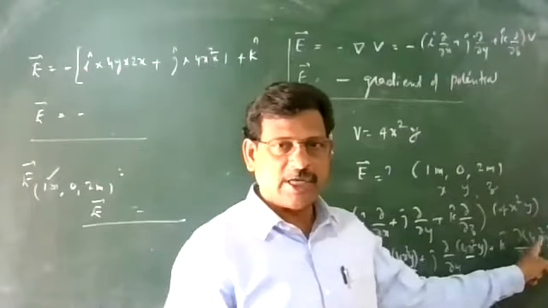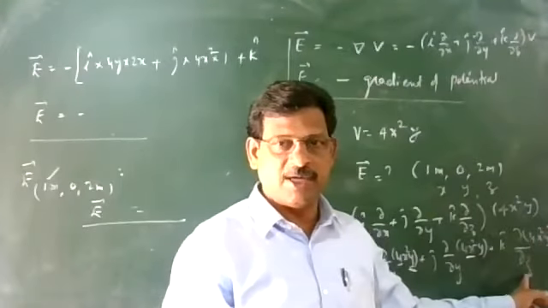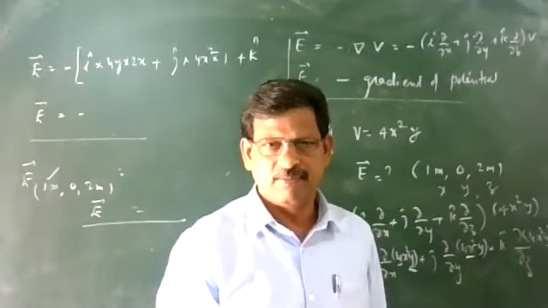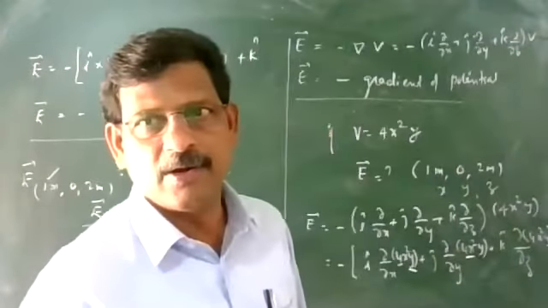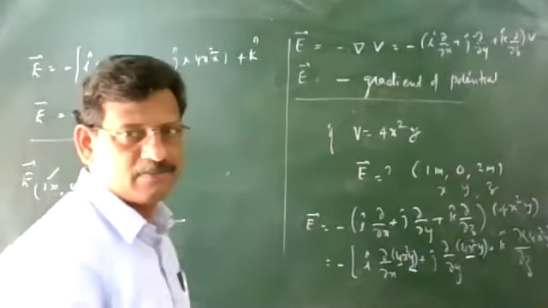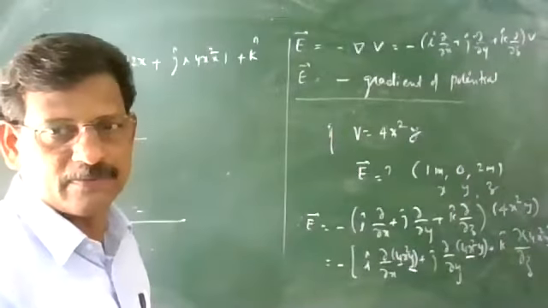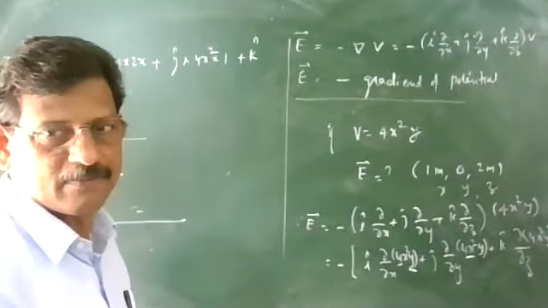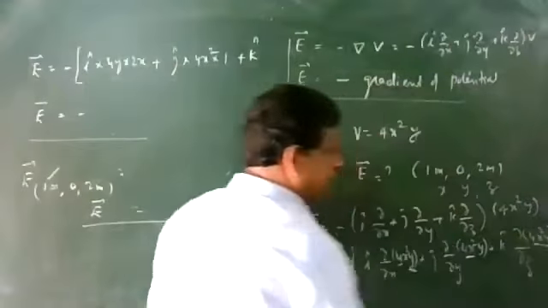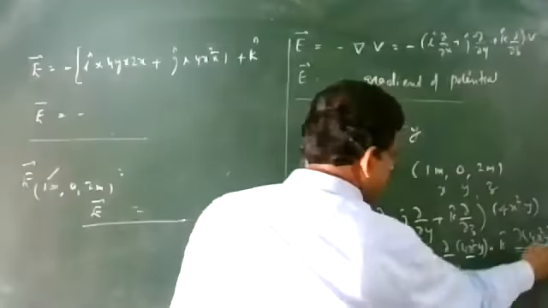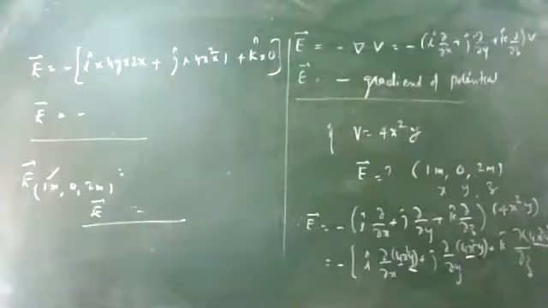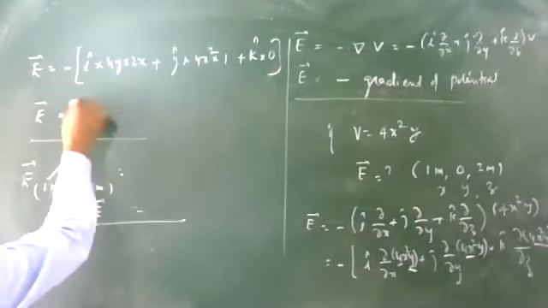Here 4 is a constant, x square is a constant, y is a constant, the variable is z, and there is no z here. So what will be that derivative value? Derivative of a constant. So x square y is a constant there, so the derivative of a constant is 0. Last minus sign. Completed.